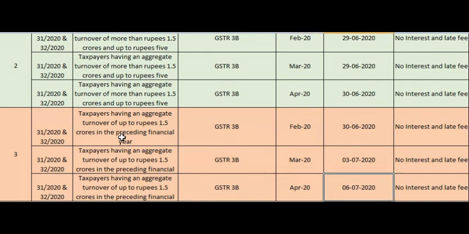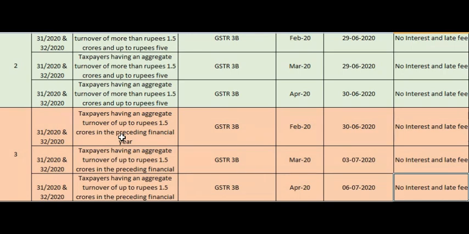For example, the due date to file GSTR 3B for the month of February 2020 in normal course is 20th March 2020. In case the GSTR 3B is not filed before the 30th of June 2020, then the late fee shall be levied from the 21st of March 2020 till the date on which the return is actually filed.